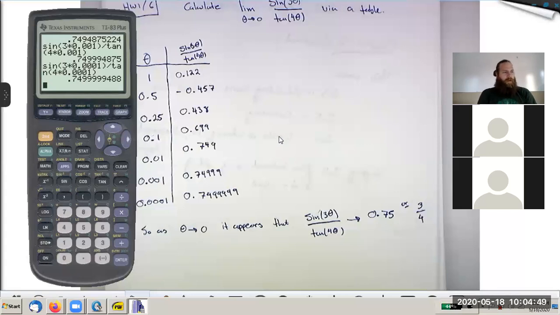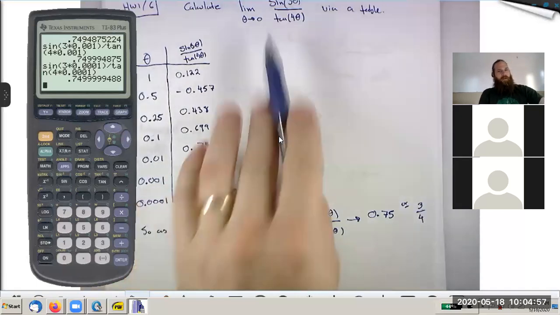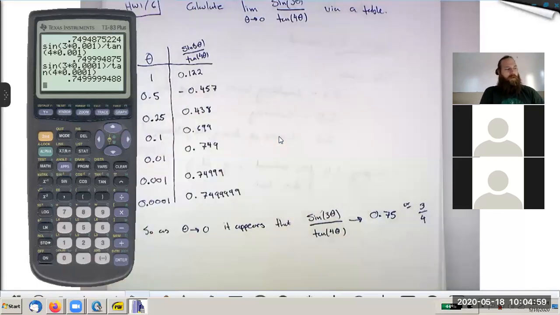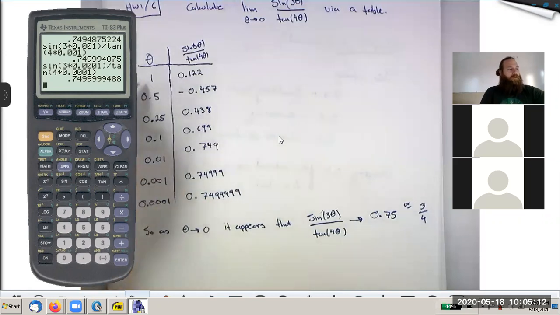I do have one last little thing to say about this, or maybe question to ask you guys before we leave here. This table, is it really investigating this limit, or is it investigating one of the one-sided limits? One-sided limit, right? Yeah, one-sided. Really here I'm only approaching 0 from the right or from the left?